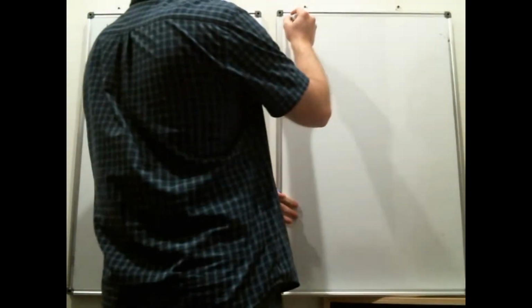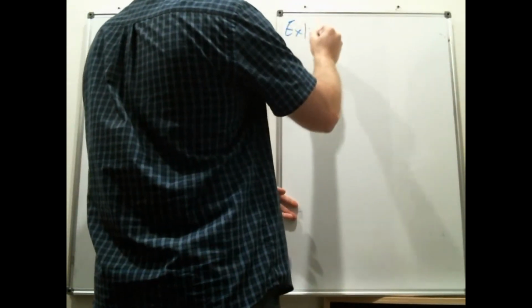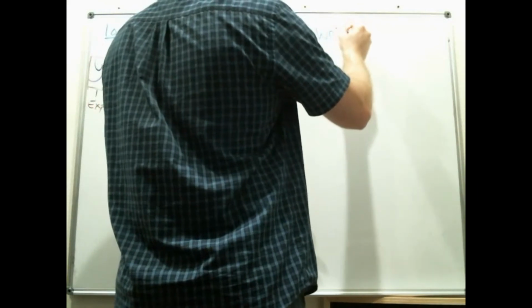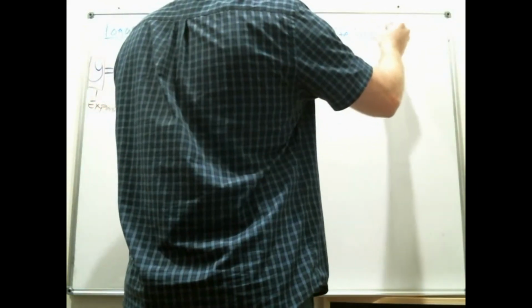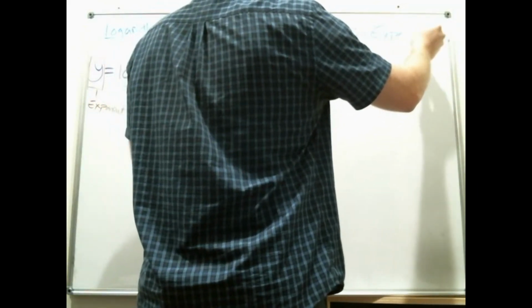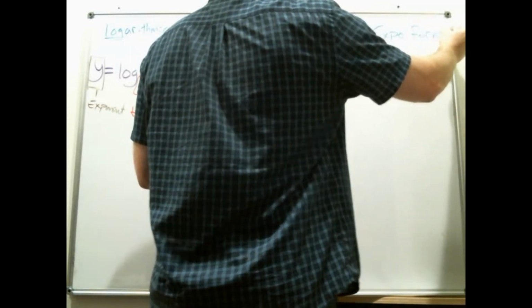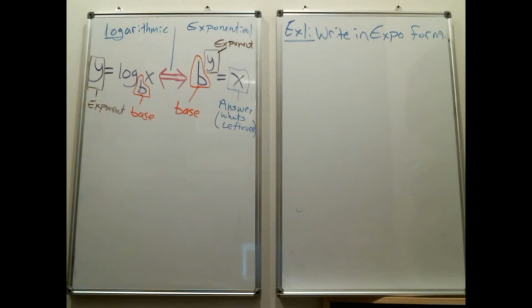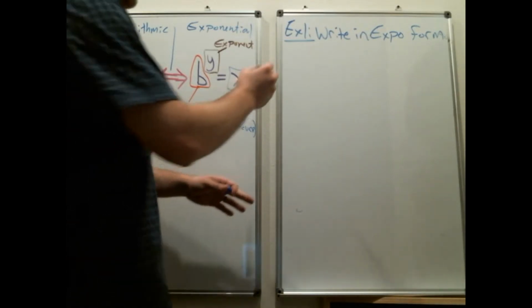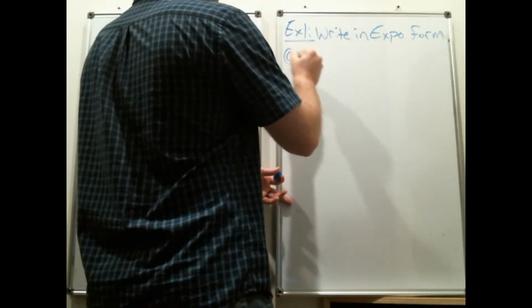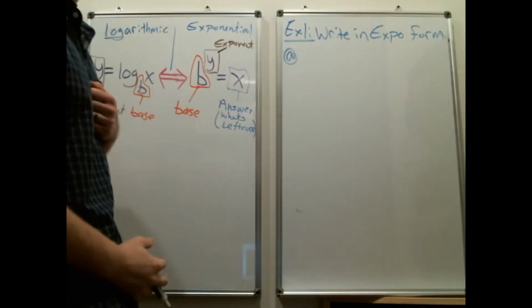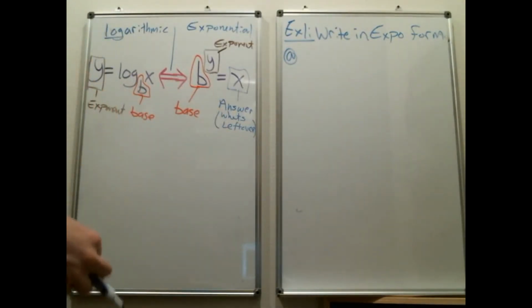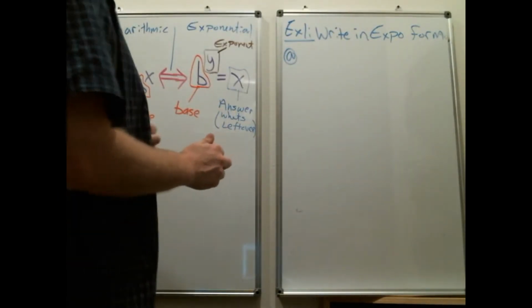Alright, example 1. Write in expo form. Expo meaning exponential. Write in exponential form. And here's part A. So if I'm asking you to write it in exponential form, that means we're starting in logarithmic form.